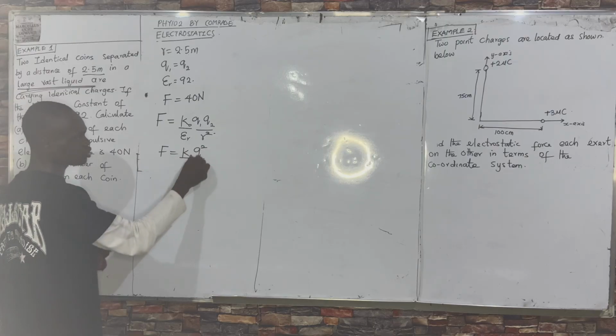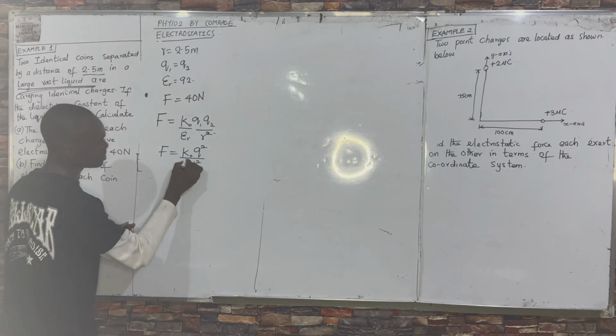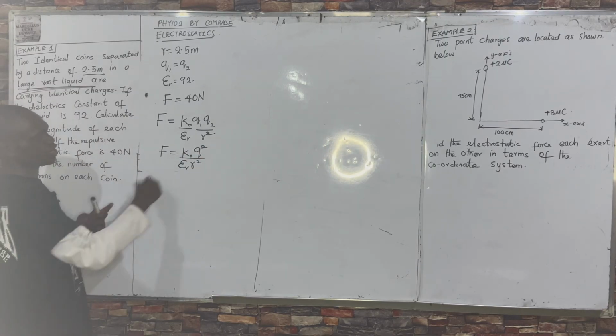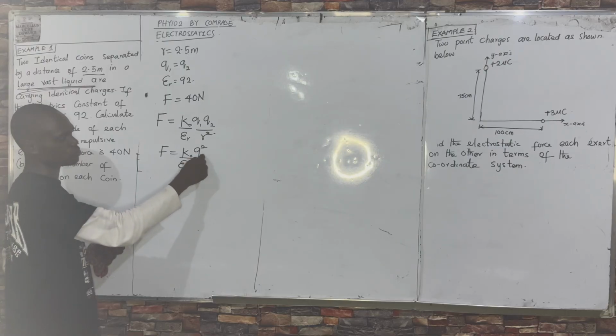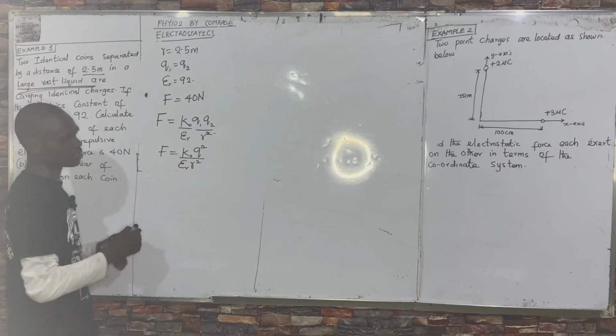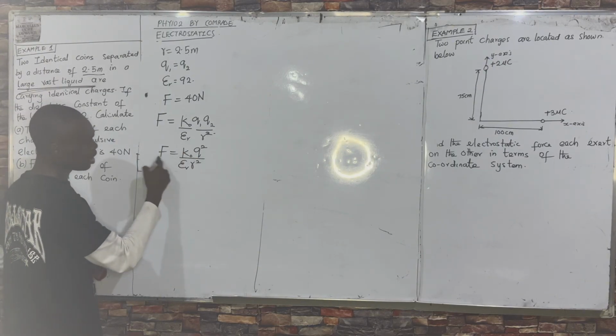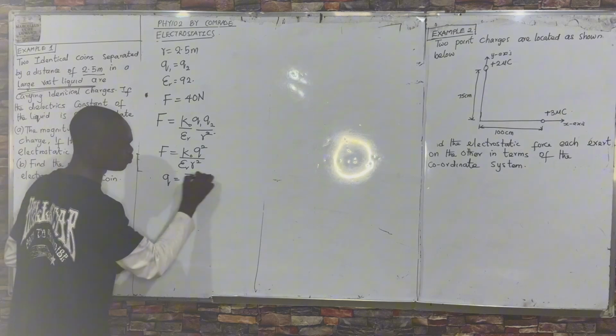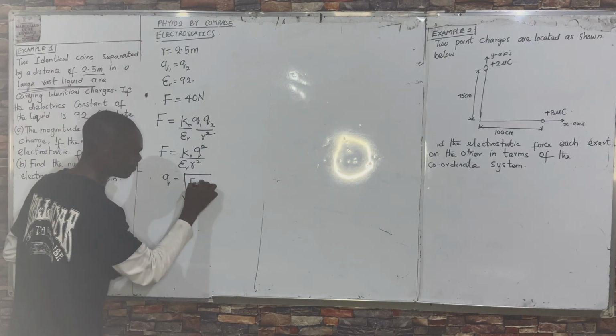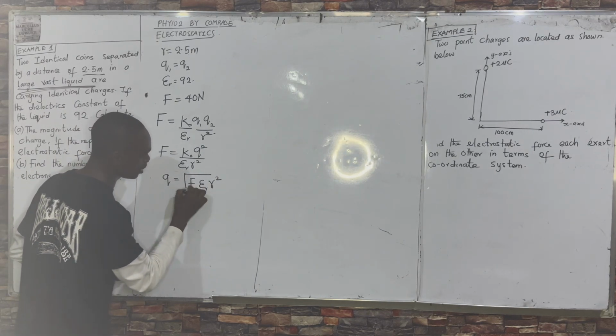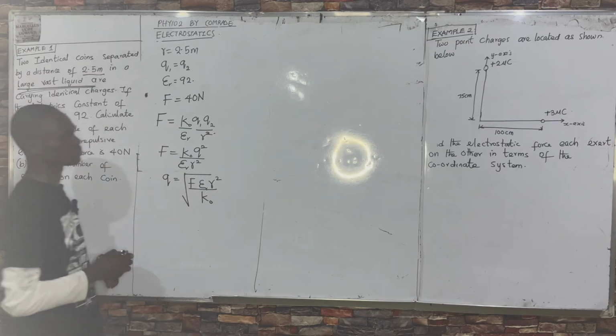Sorry, there's ER. I want to make Q the subject of the formula. So if I make Q the subject, I will have Q equals the square root of F ER R squared over K naught.